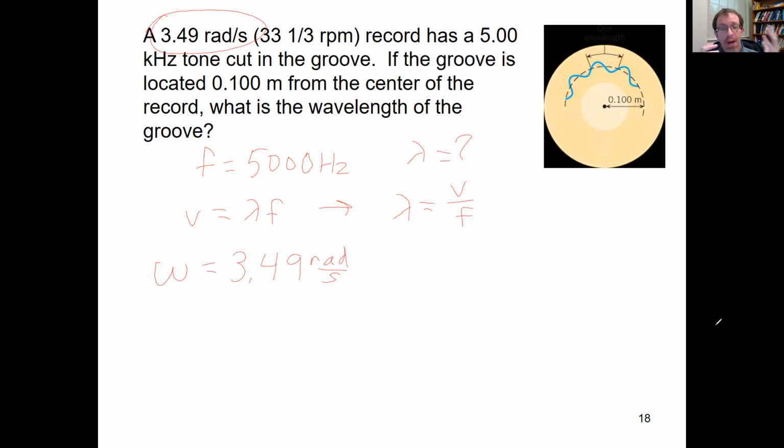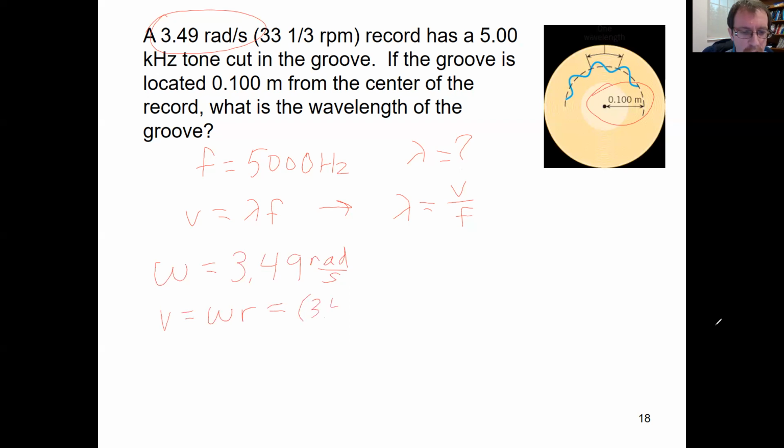Great. How do we translate that into a linear speed? How do we get V out of that? We might recall that our linear speed V is equal to angular speed times radius. What's our radius? It's there in the picture. That's how far away our needle is from the center of the record. It's 0.1 meters.